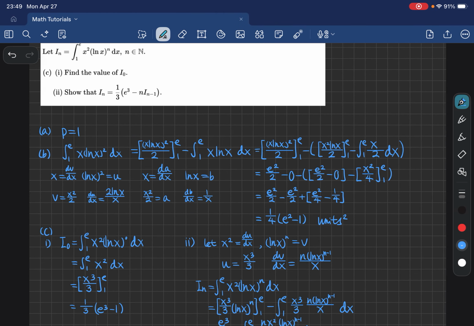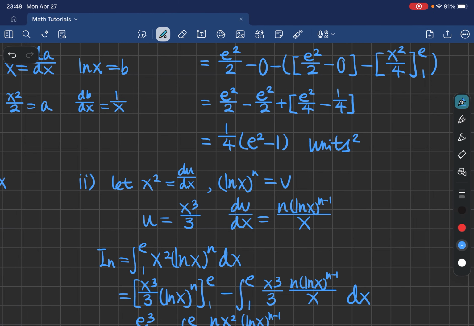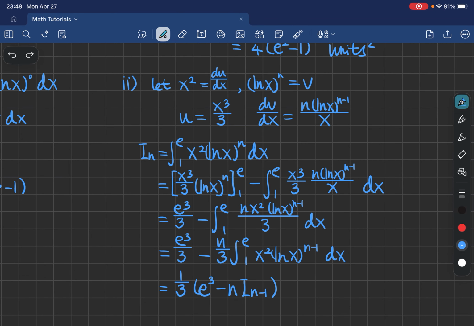So it's the same ILATE rule as before, and we have dv over dx as this by taking the derivative, and we have u as the integral of x squared. So now we can rewrite I_n into, again, uv minus the integral of u dv, right?